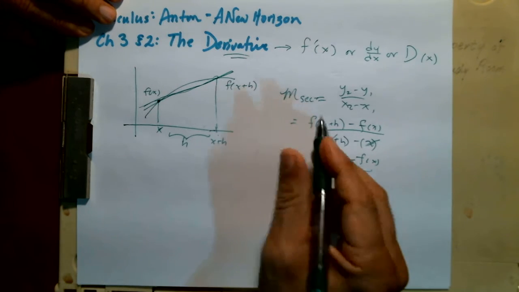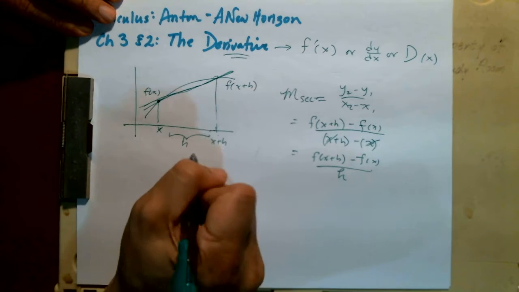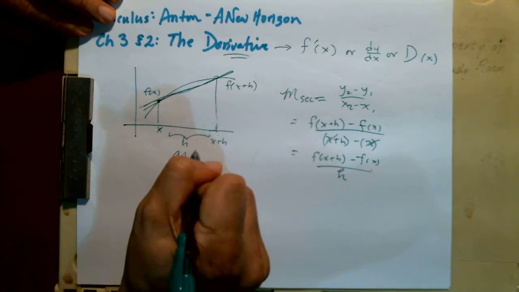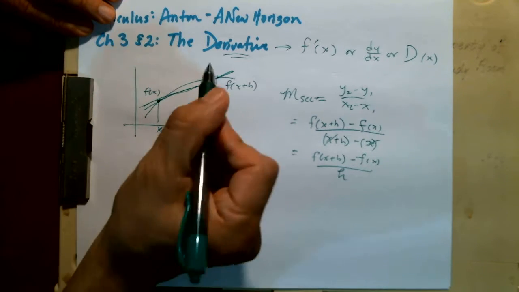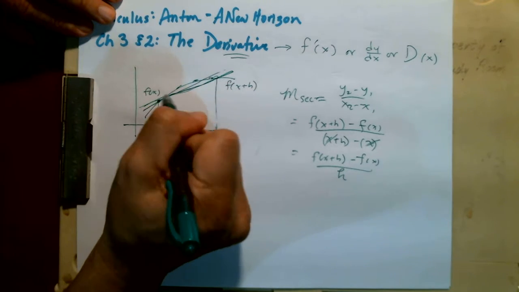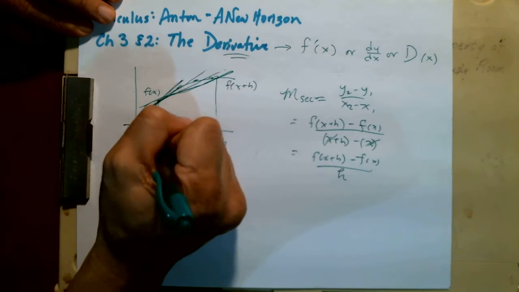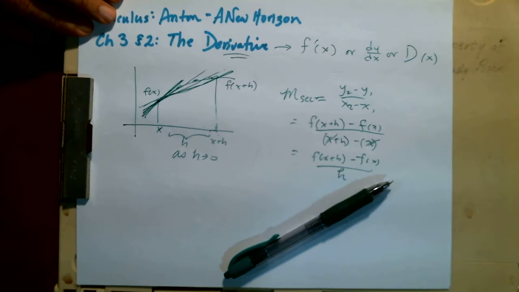So how do you find the tangential slope? Well, what you do is as h approaches 0, so this is getting smaller and smaller, it's going towards this point right here. So here's another, closer secant, and finally you end up with this one secant right over here. I'm going to mark this with pink highlighter.